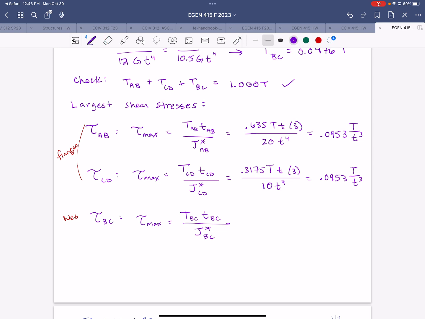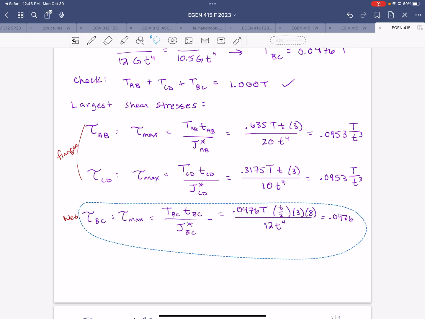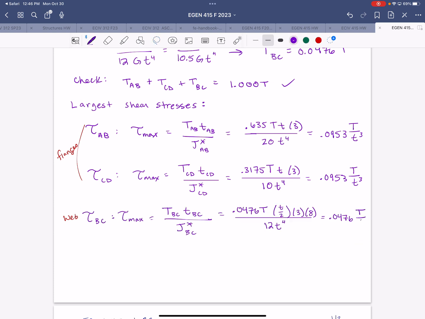And that is 0.0476 times torque times thickness over 2 times 3 times 8 divided by 12 thickness to the fourth, which is 0.0476. Here I ran out of room. That's the nice thing about these devices. Times torque over thickness cubed.